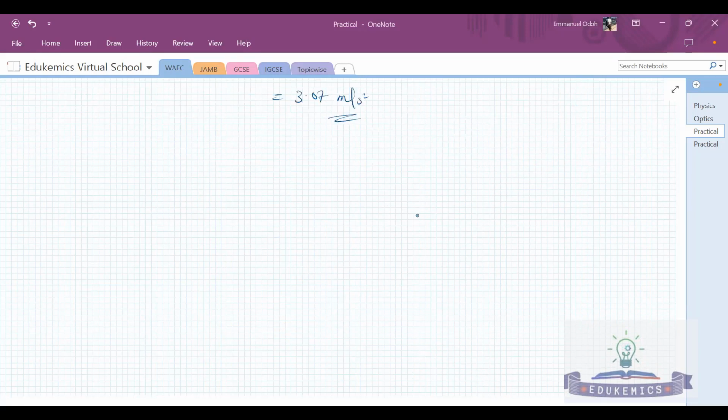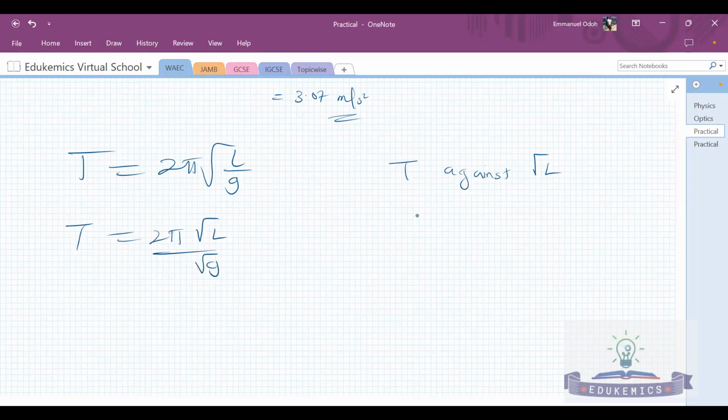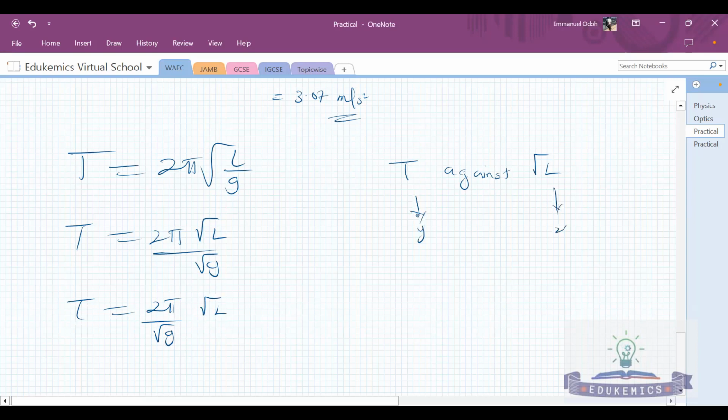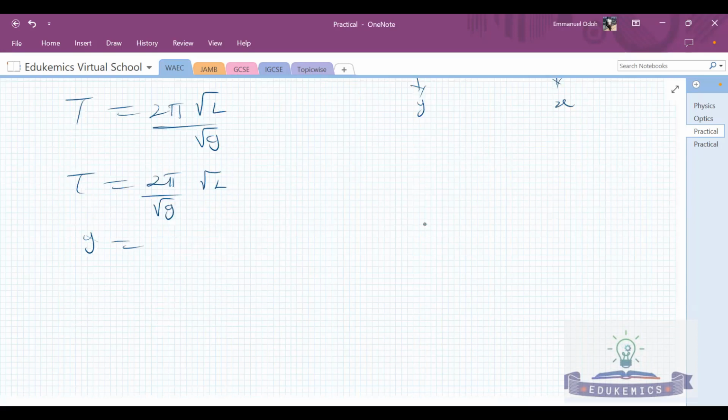For the transformation, we know that t equals 2 pi square root of L over G. And the graph is t against square root of L. So we can rearrange it as 2 pi over square root of G, times square root of L. So this is the y-axis and this is the x-axis. If we compare it with y equals mx plus c, c will be 0.